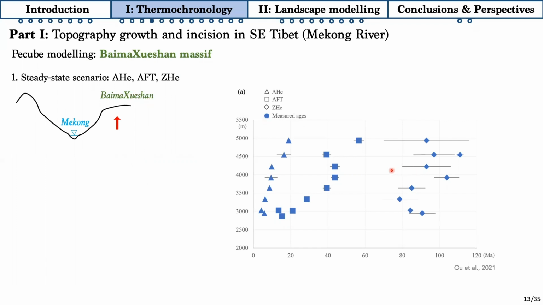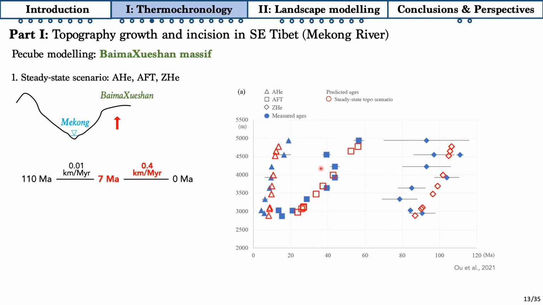Results show that the whole age patterns are quite well reproduced, marked in red here, except all those young apatite helium and fission tracks very close to the river valley. And this model gives us a very strong exhumation since 7 million years, after a long and slow exhumation phase.